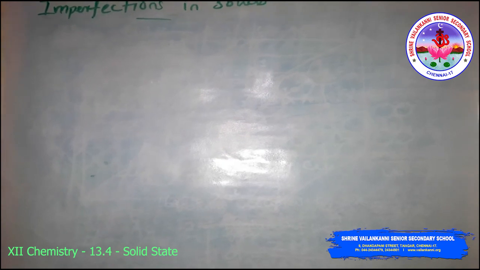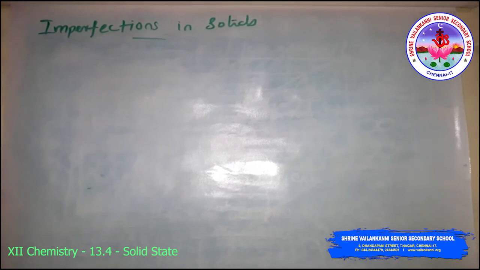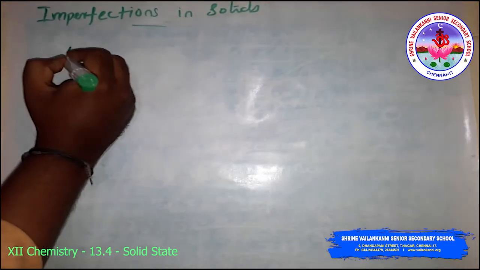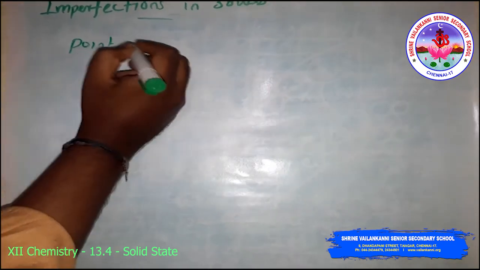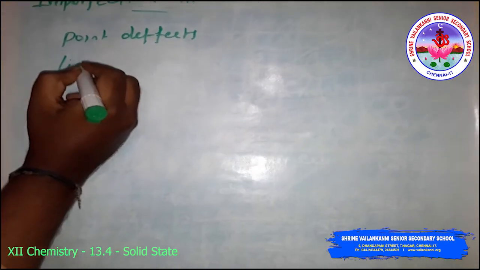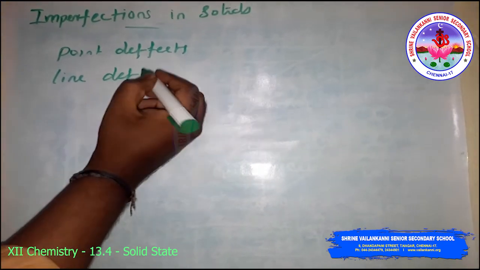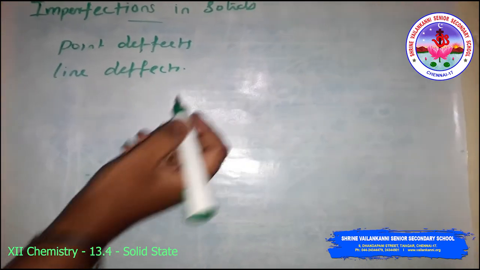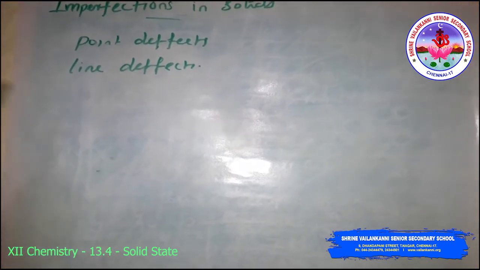So the defects are basically irregularities in the arrangements of the constituent particles. Broadly speaking, the defects are of two types, namely point defects and line defects. First the point defects.